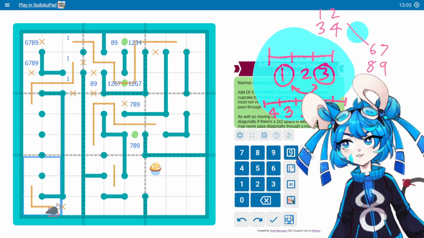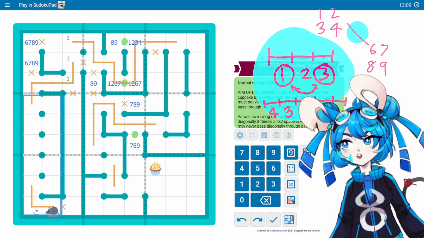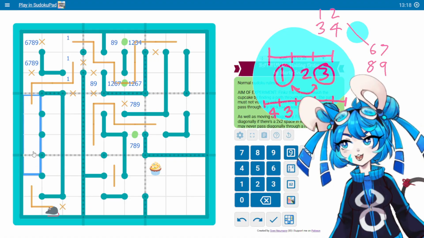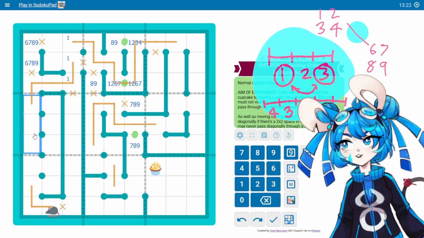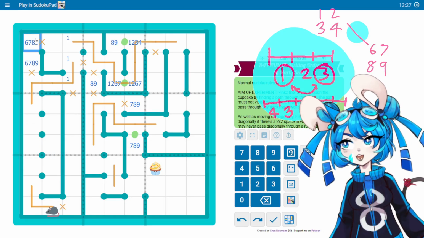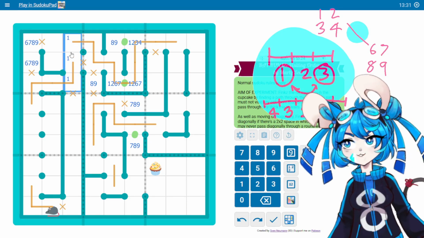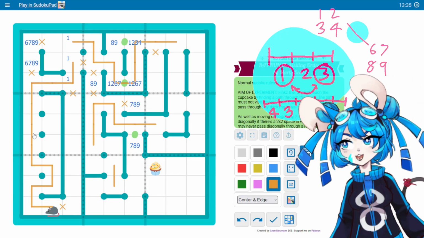These sections both need to contain the digits at least up to 1 through 4, don't they? Or do they? This one could be potentially only 3. But if both of these sections contain the digits 1 through 4, where do they go in this box? They would have to be crammed into this section of the grid, which means I think that the path has to go like this, in fact.